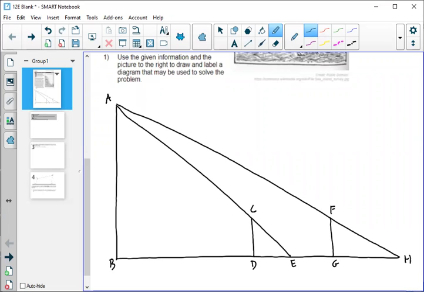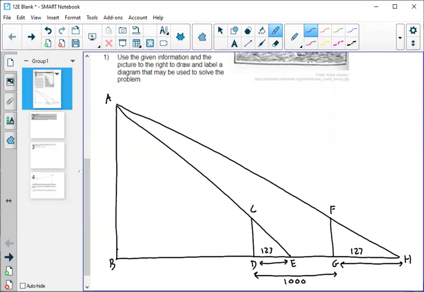Between D and G, this distance here, it's going to be 1,000. Between D and E is 123. So let me just write 123 in here. And then between G and H, it was 127.